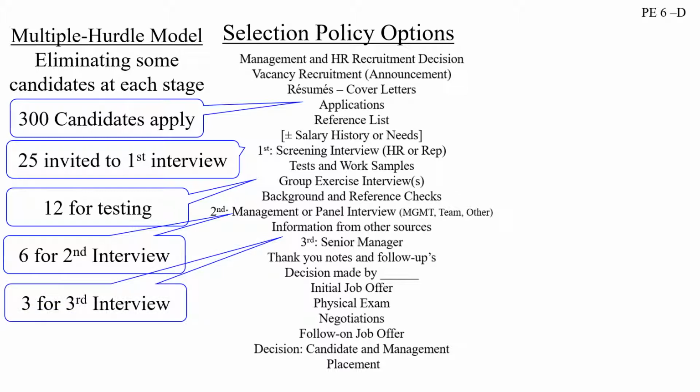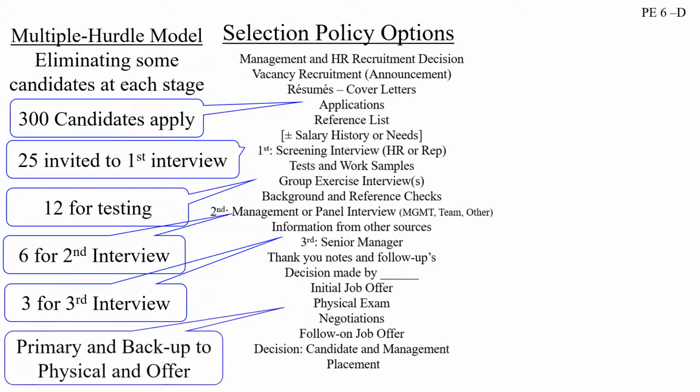Of the 6 second interviewees, 3 are invited to the third interview, and then a primary and backup are put through the physical and the job offer process. If number 1 doesn't make it, always have a backup. But you're constantly going from a big number and working it smaller and smaller.